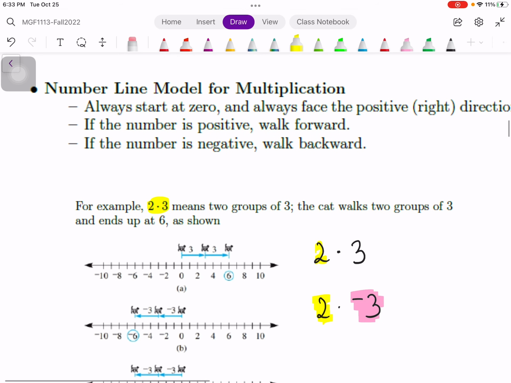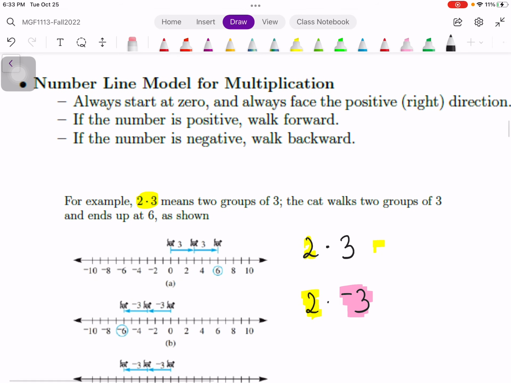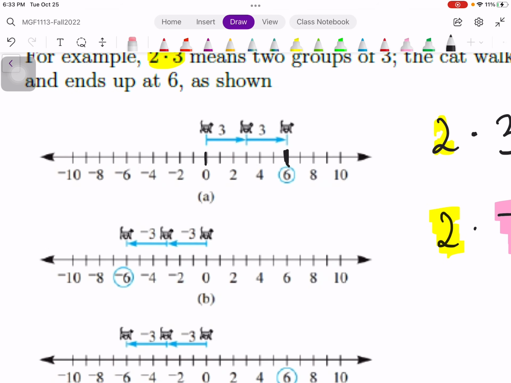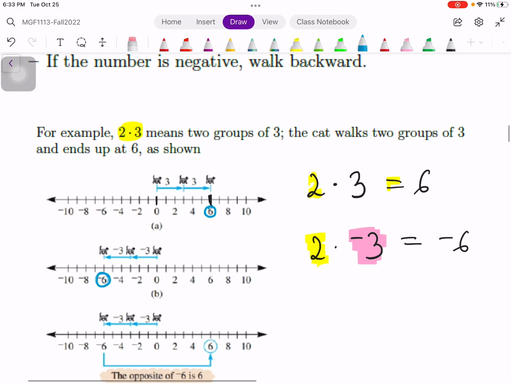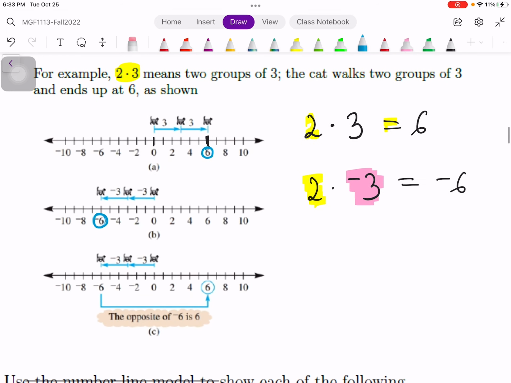So it ended up with, oh, I didn't put the solution. We of course read where the cat ended up being. Here at 6, here at -6. So marked in those circles here in blue is what the solution is, where the cat ended up being after making the move, right?